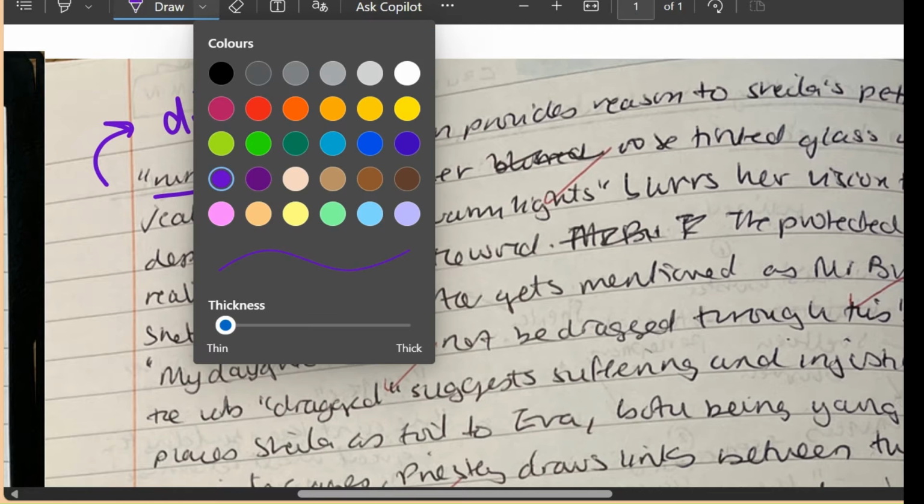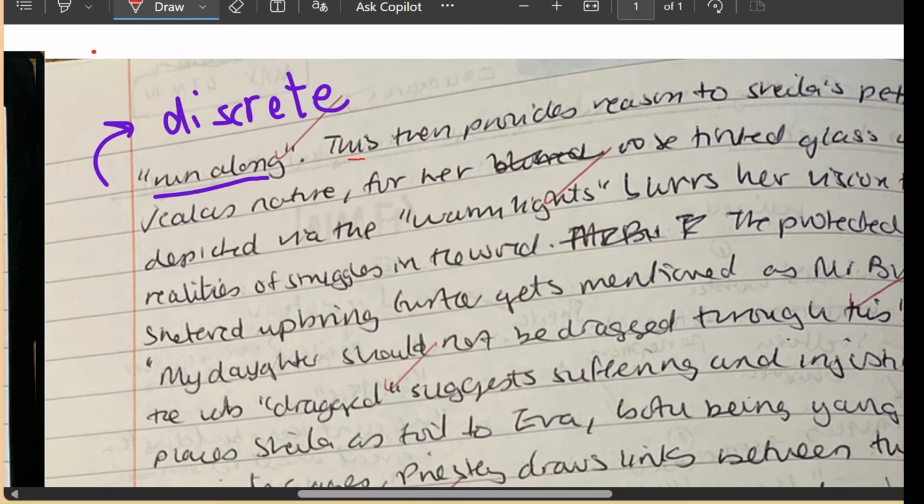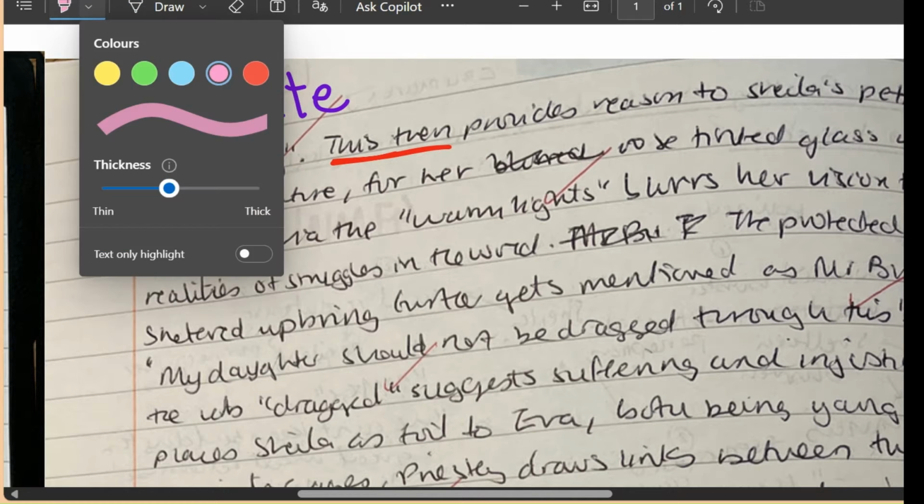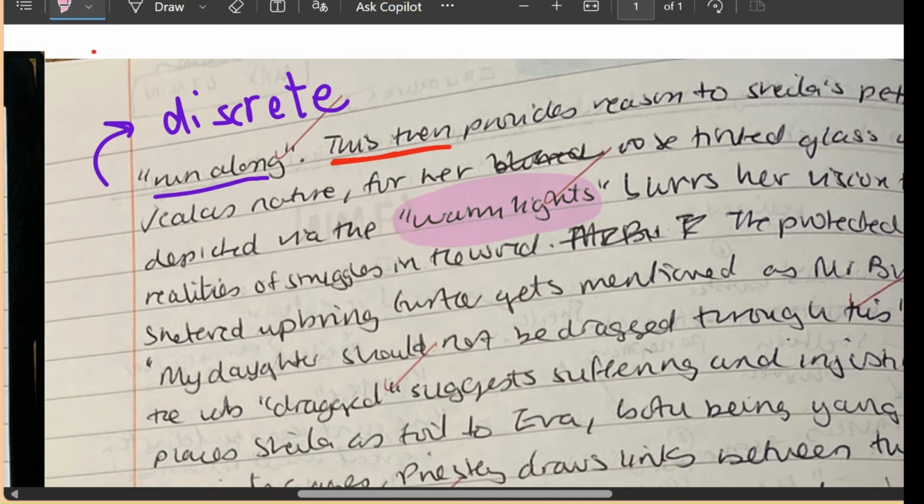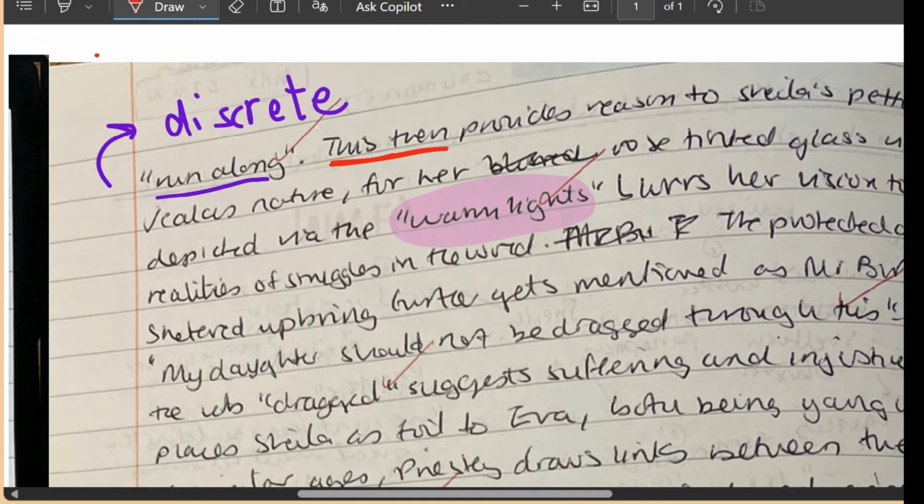Now, phrases like this, then, show the examiner that you're taking that and going further. So those phrases are really important. This then provides reason to Sheila's petty and jealous nature for her rose-tinted glasses depicted via the warm lights. So again, we've got another quote here, and we're linking everything together.